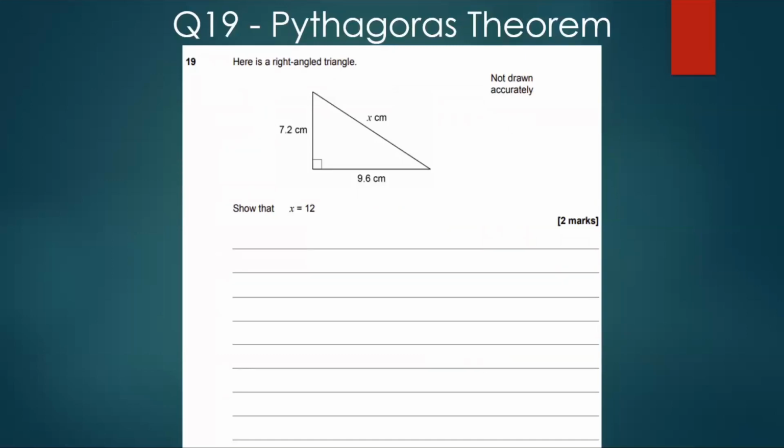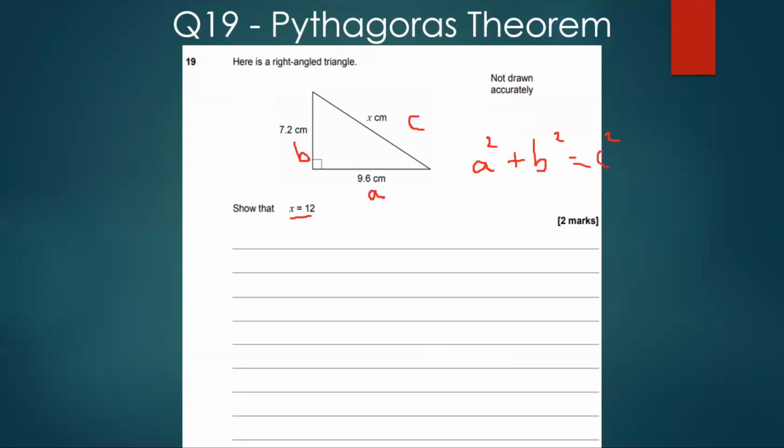Okay, so question 19, guys. Here is a right angled triangle, with sides 7.2, 9.6, and x. Show that x equals 12. Well, a right angled triangle means that we're going to use Pythagoras' Theorem, and that states that a squared plus b squared equals c squared, where a and b are your two shorter lengths. So that's a and that's b and that's c.